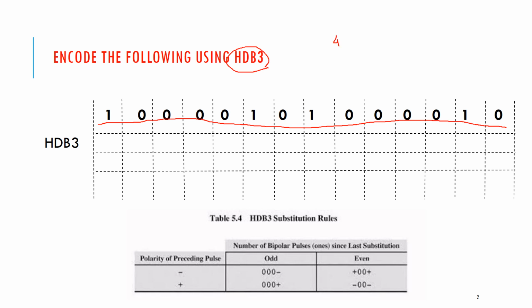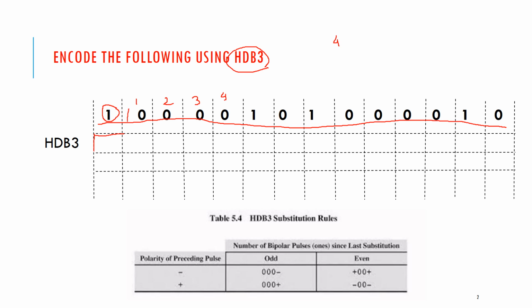If I do not have 4 consecutive zeros, I'm just going to be following regular AMI technique. Alright, so let's get started. At first I have a 1, and for this I'm just going to be following regular AMI, so I can put it on the positive or on the negative, it doesn't really matter. Since this is my first one, I just put it on the positive.